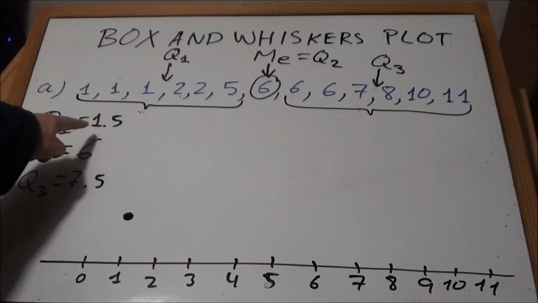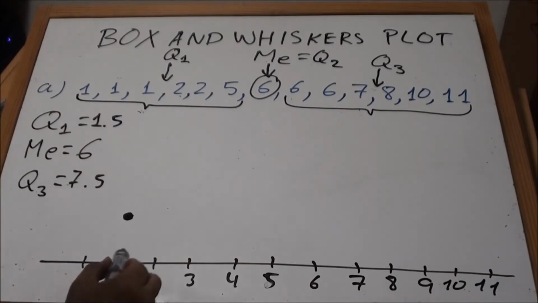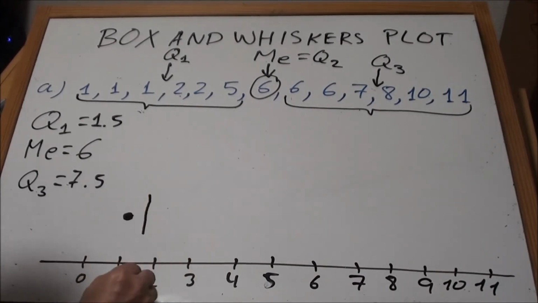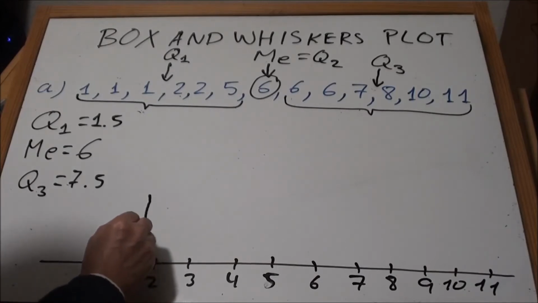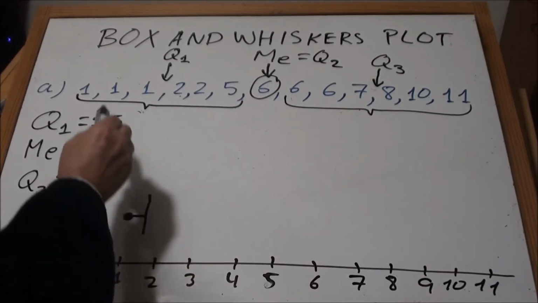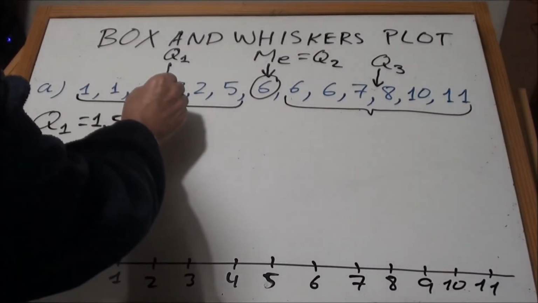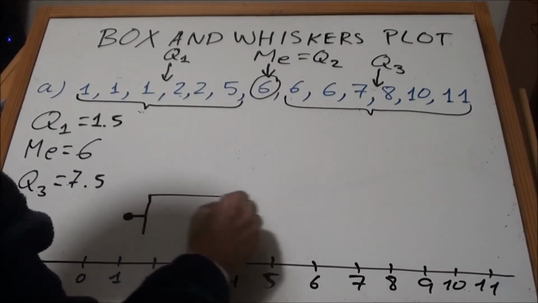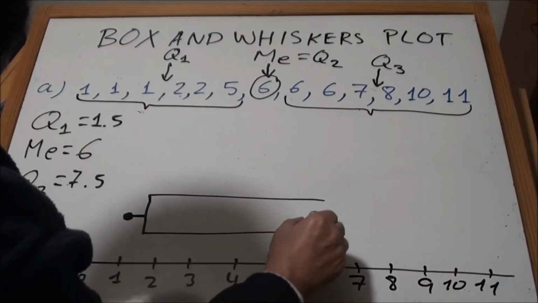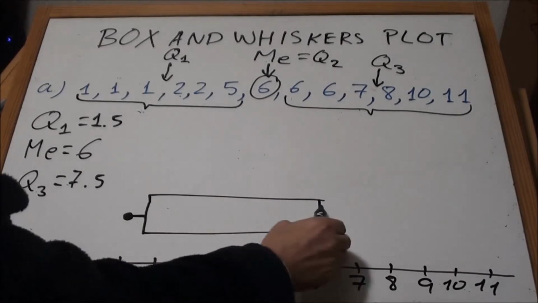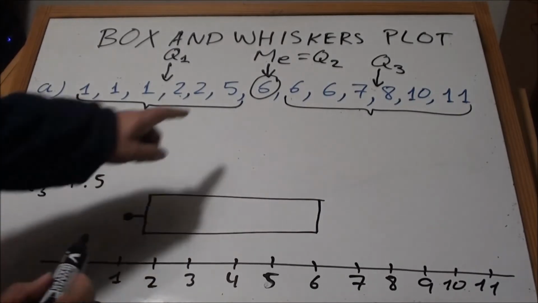Now we have the first quartile, which is 1.5. So we draw a line here where the first quartile should be, 1.5, and we join that with a whisker. Okay, now we start our box, and it goes from the first quartile to the median. The median is 6, so it would go all the way to 6. This is the first half of the box.